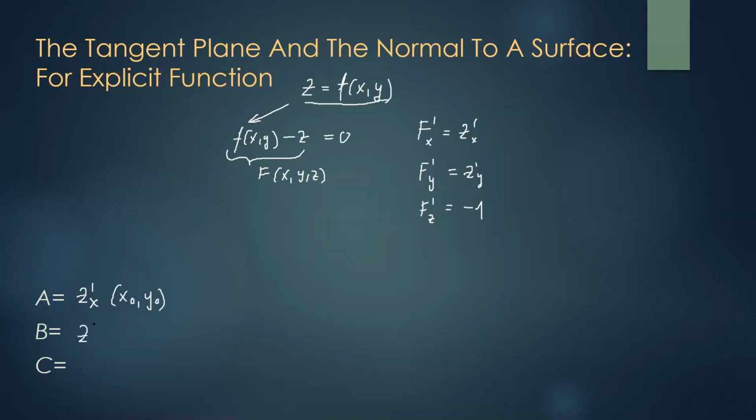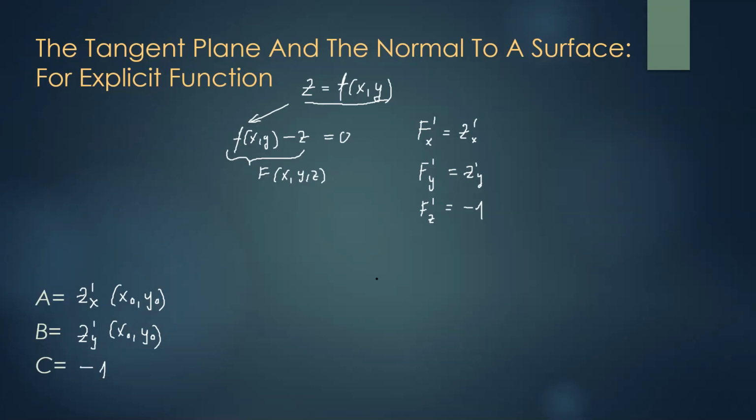B is the derivative of z with respect to y, again at that point x0, y0, and C is simply minus 1 in this case. So basically we do the same thing, only because the function is already explicit, we have a little bit less differentiation to do. It's simpler.